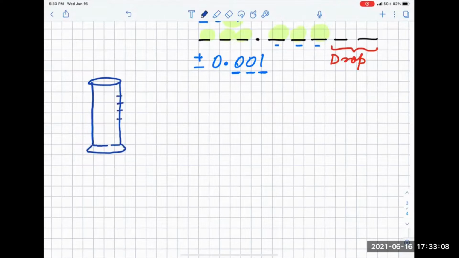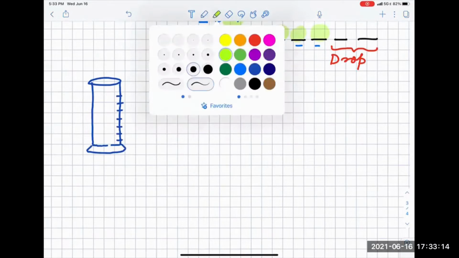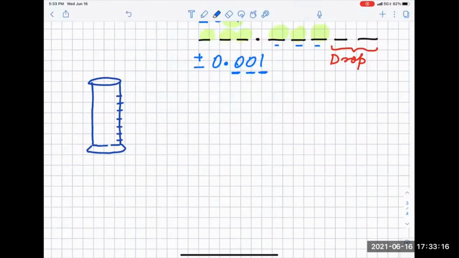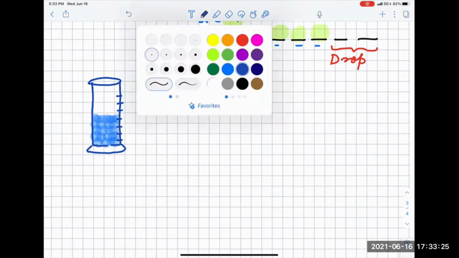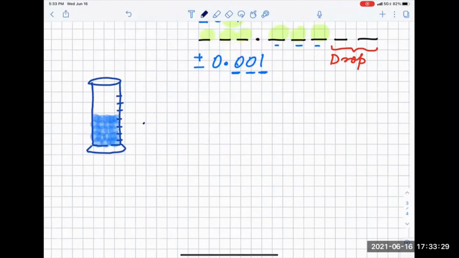You're being asked to measure some amount of, let's say, 50 milliliters of water. So you fill this with water, and now you try to take the data or read this line. A person who is short is going to read from here.